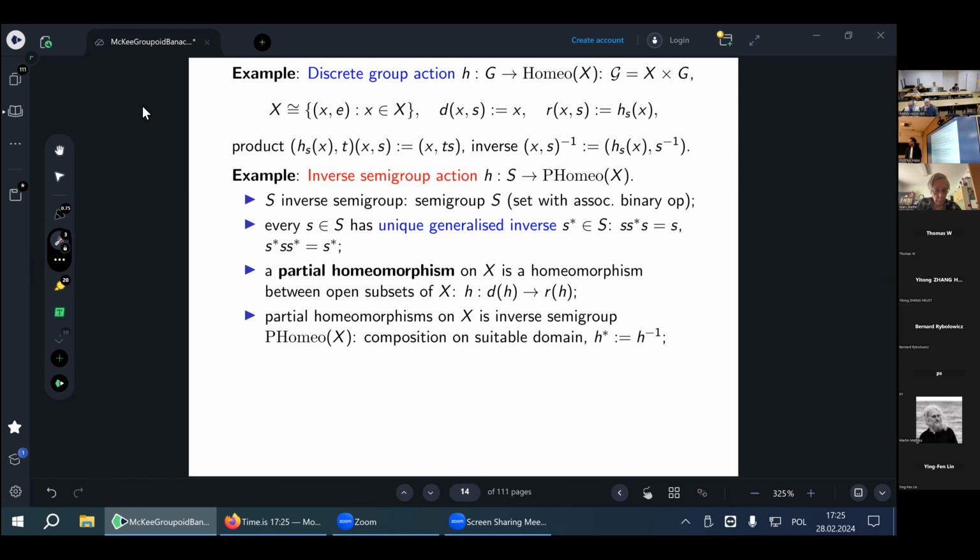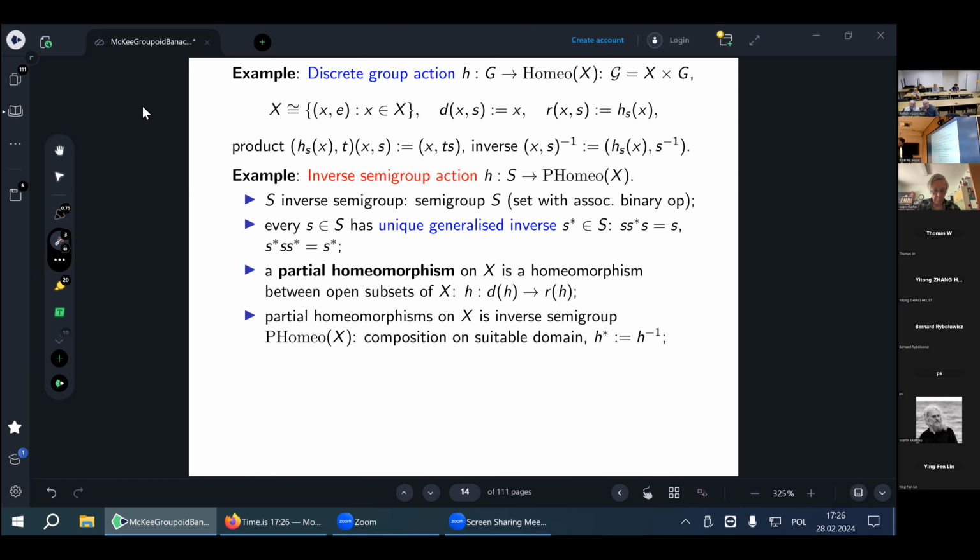And in fact, the collection of partial homeomorphisms on X forms an inverse semigroup. The generalized inverse is the actual inverse, at least where it's defined. And for composition, you have to be careful, but you compose homeomorphisms on the largest open set where it makes sense to compose them, basically. So you need to take the intersection.